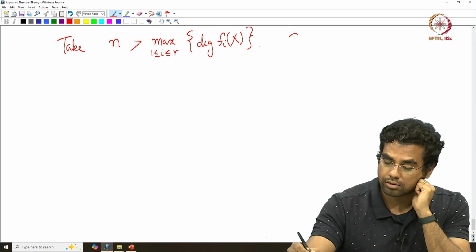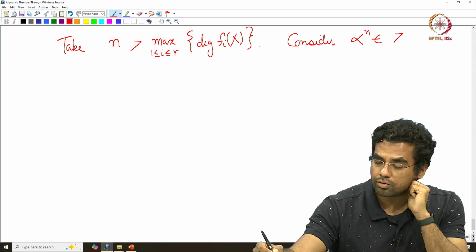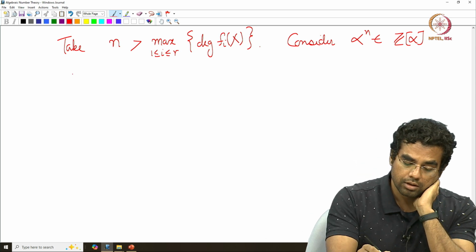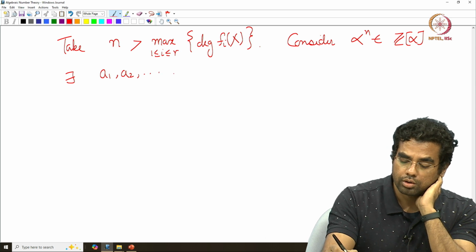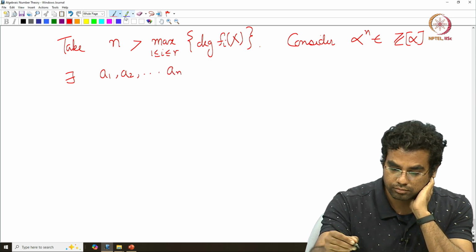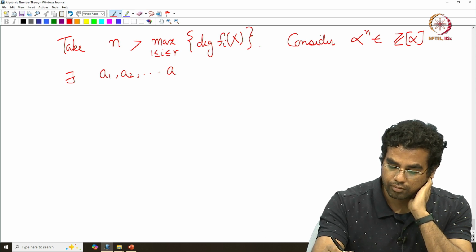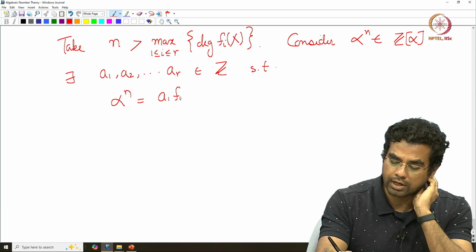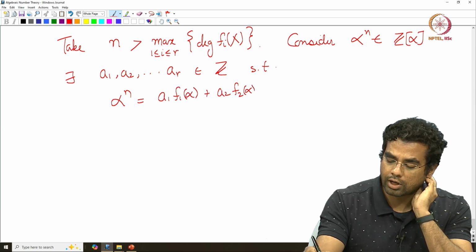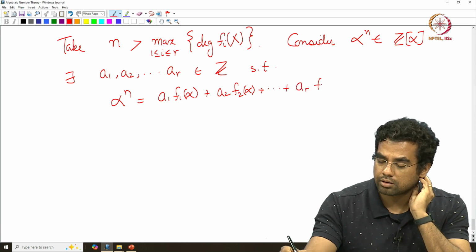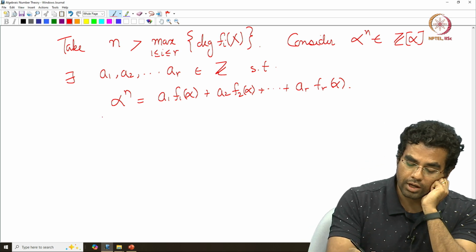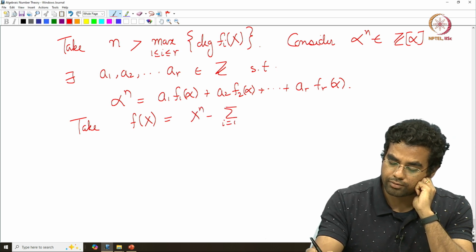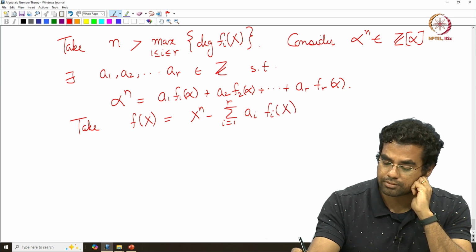And I consider alpha to the n, which is also an element of Z[alpha]. Because Z[alpha] is generated by f1(alpha), f2(alpha), etc., there exist a1, a2, up to ar in Z such that alpha to the n is equal to a1 f1(alpha) plus a2 f2(alpha), and so on up to ar fr(alpha). (*) Now I take f(x) to be x to the n minus the summation, i going from 1 to r, of ai fi(x).